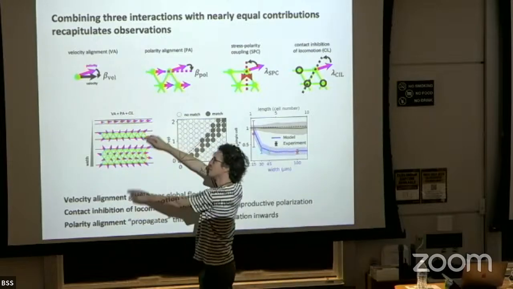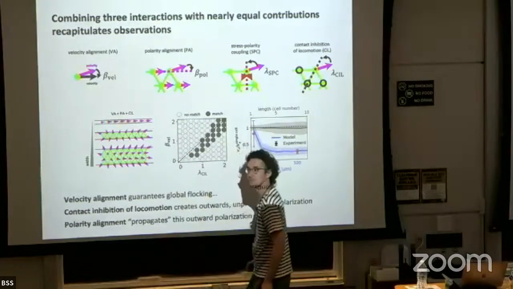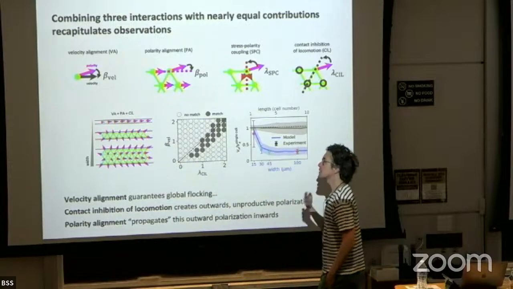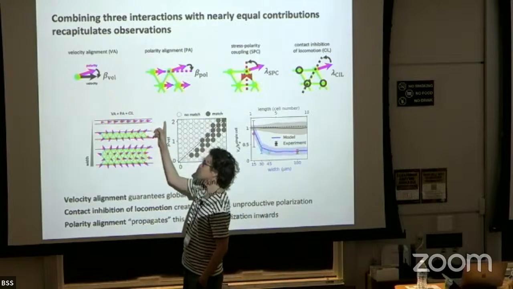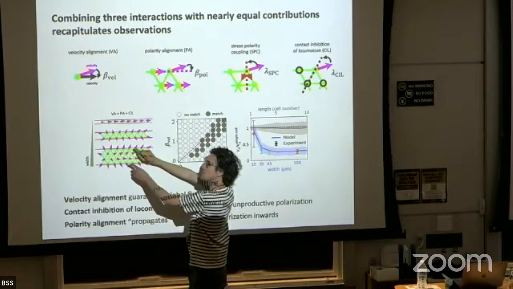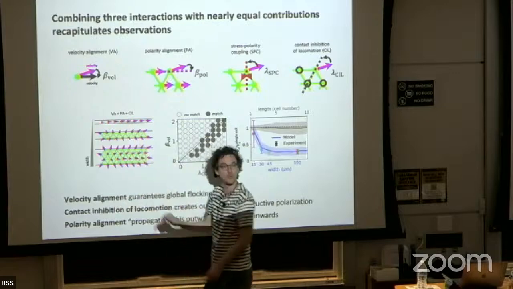The more you widen, the more you make this kind of outward polarity. So that's the mechanism that explains why, as you increase the length of the cluster, you always have the same velocity, but as you increase the width, you make polarity more and more unproductive by going outwards due to contact inhibition of locomotion.